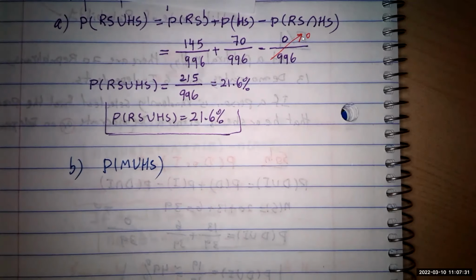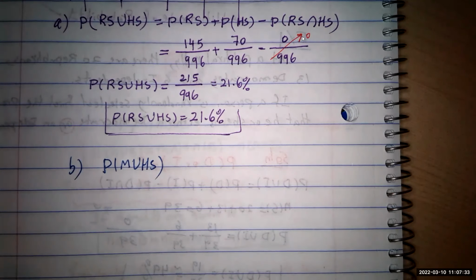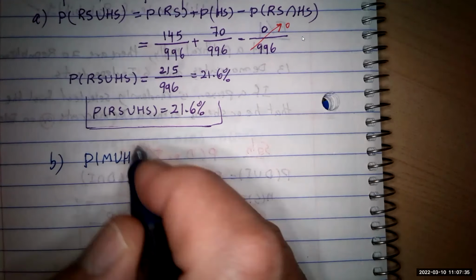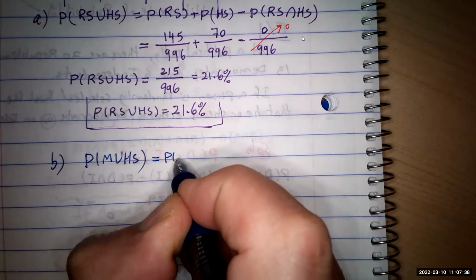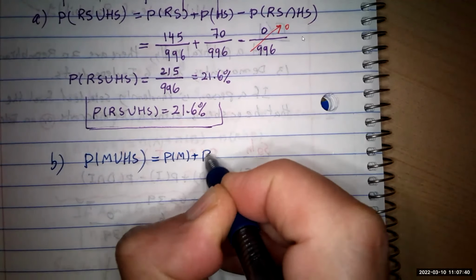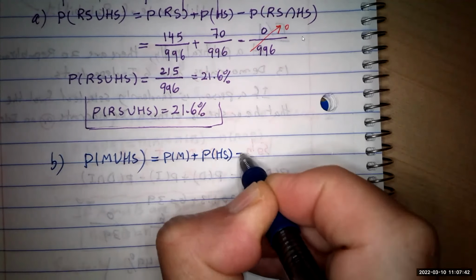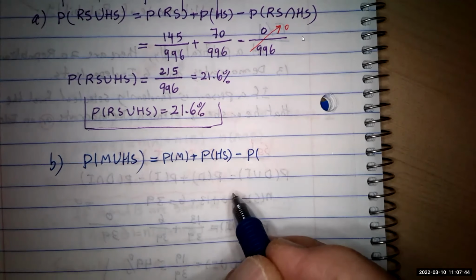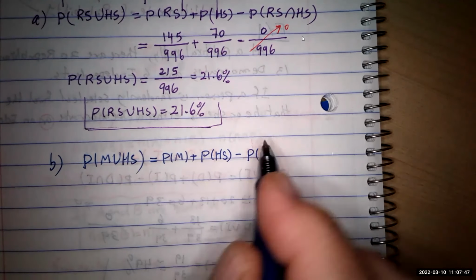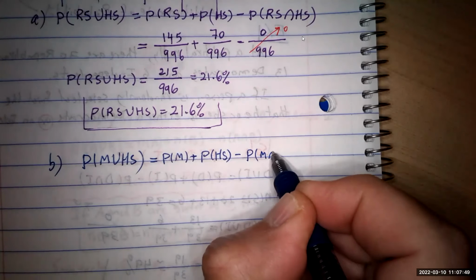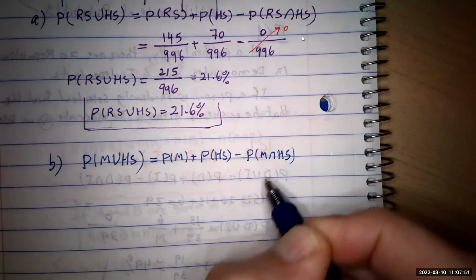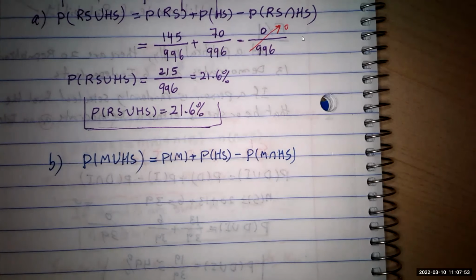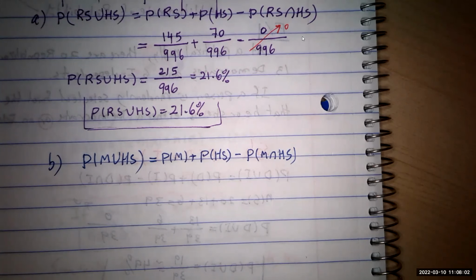Again, if you don't like this notation, call it A or B. The formula is the probability of getting a man, plus the probability of getting a heavy smoker, minus the probability of getting a man who is at the same time a heavy smoker. Any question?